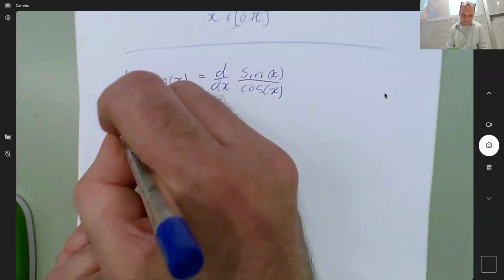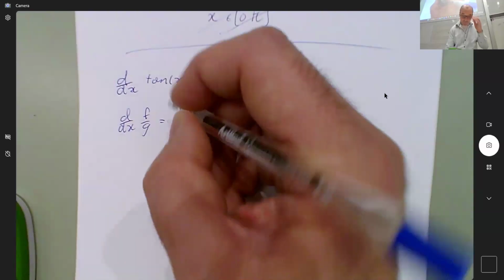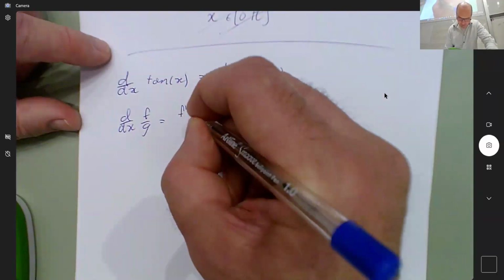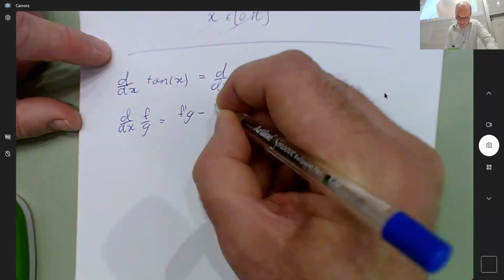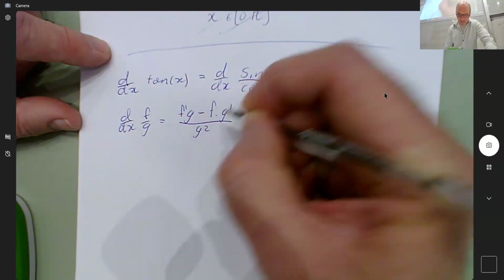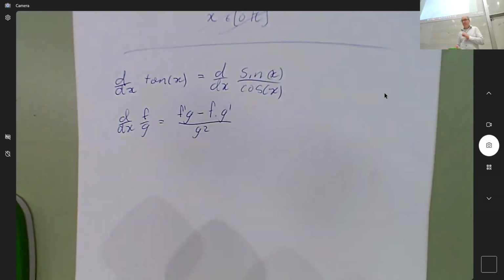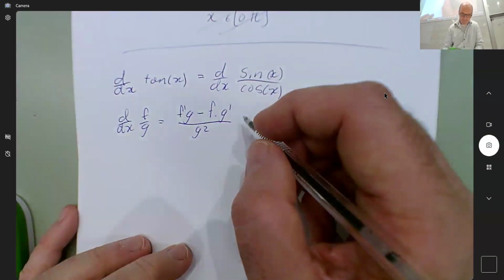We know the quotient rule: the derivative of f divided by g is the derivative of the top line times the bottom line minus the top line times the derivative of the bottom line, on bottom line squared. The negative travels with the derivative of the denominator.